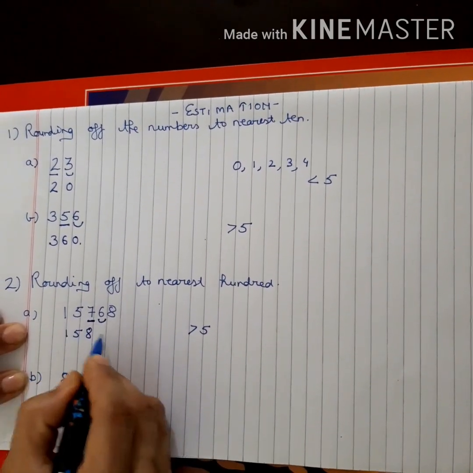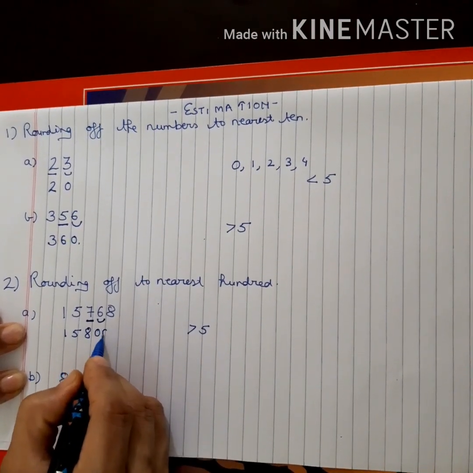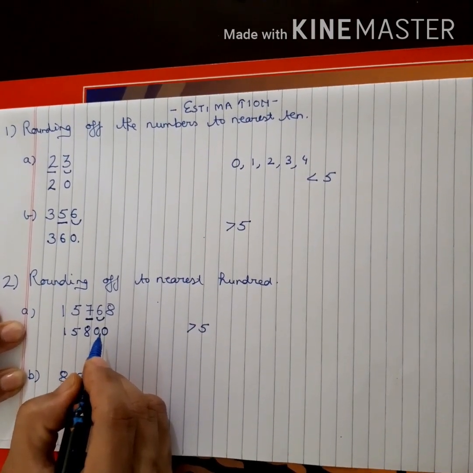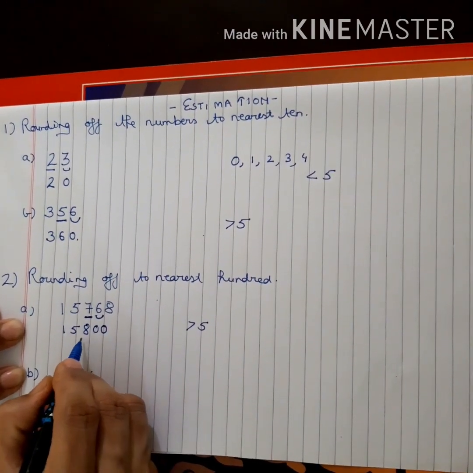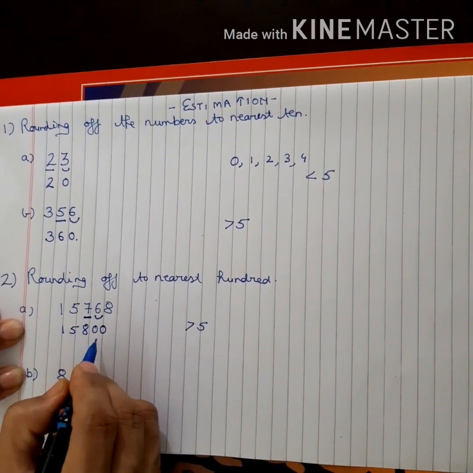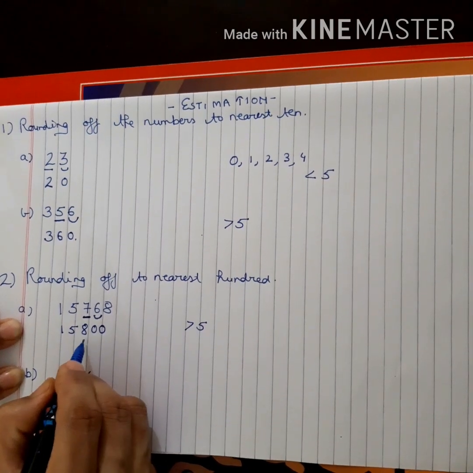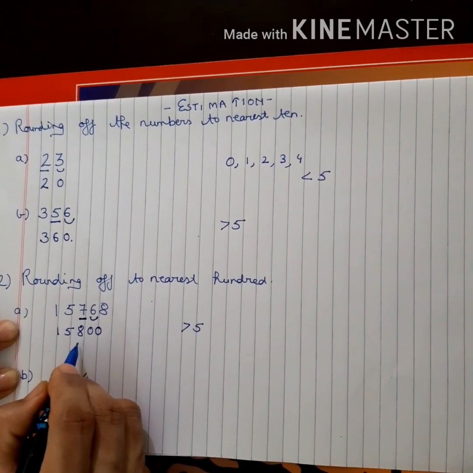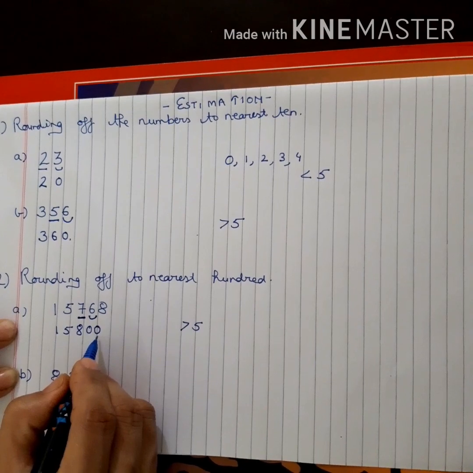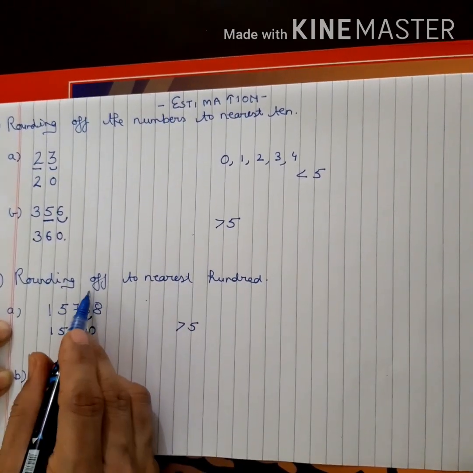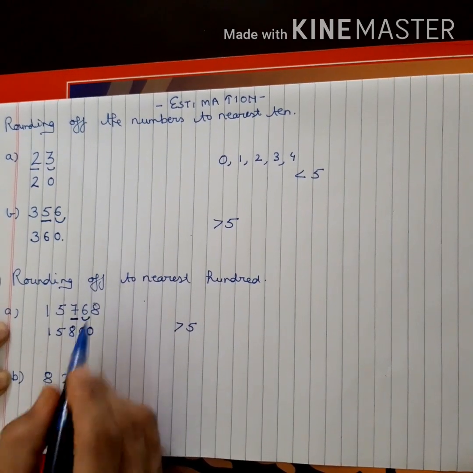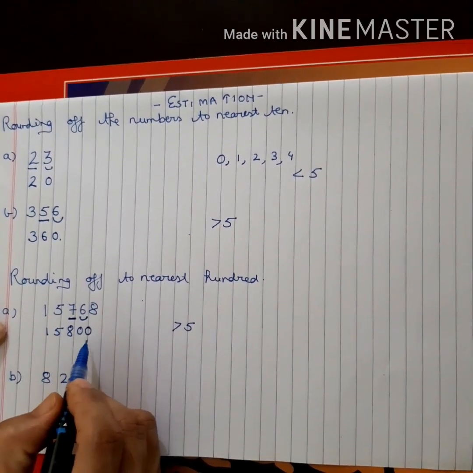It will become 8 and both the digits will become 0. It means that all the digits which are at the right of the place to be rounded off are replaced by zeros. In this, we are rounding off to nearest 100, so tens digit and the ones digit both will become 0.